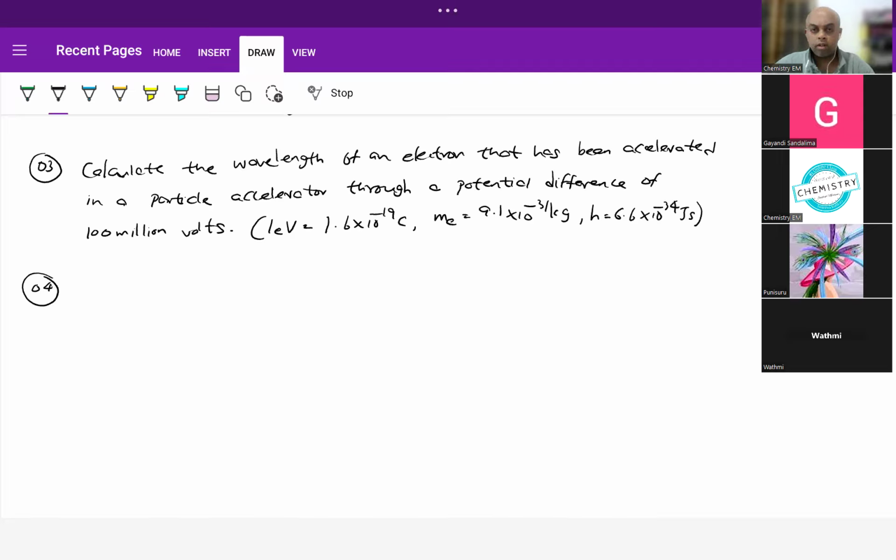You can write this question and start answering. I will be doing this question actually, but first, give it a try. This question is from the first lesson. You can give it a try.